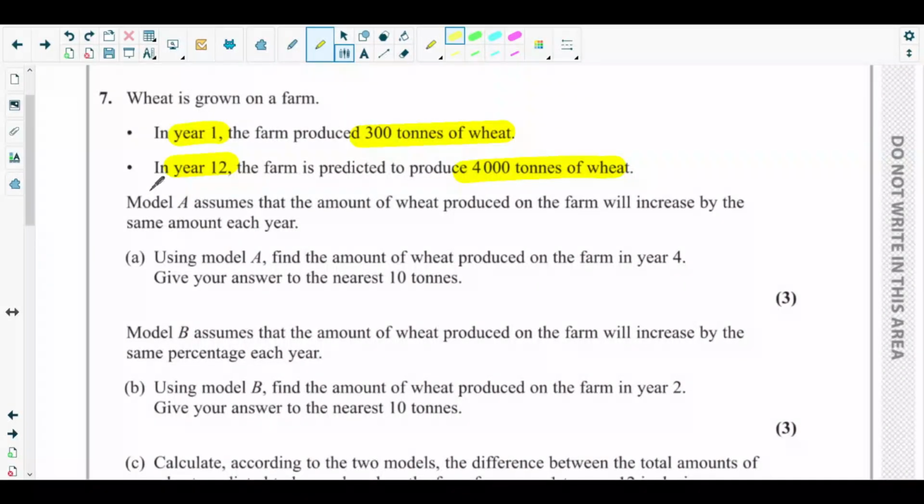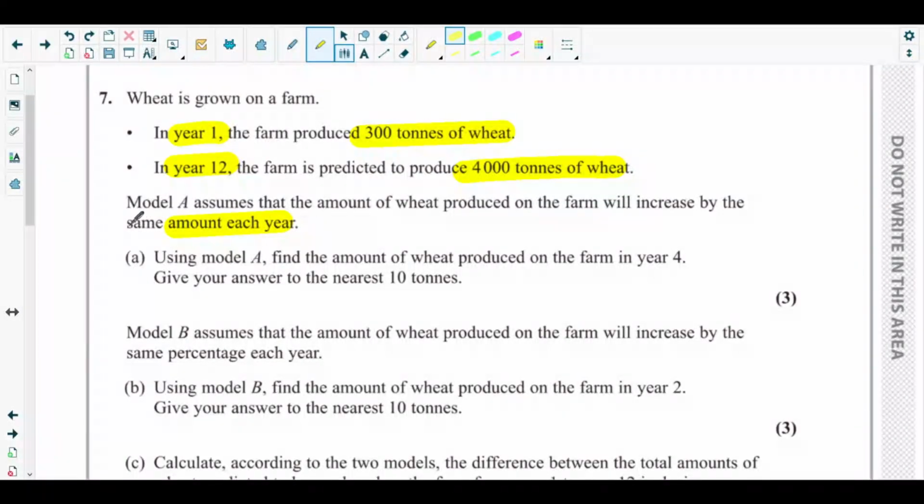Model A assumes that the amount of wheat produced on the farm will increase by the same amount each year. So the first model, model A, predicts that the amount of wheat will increase by the same amount.